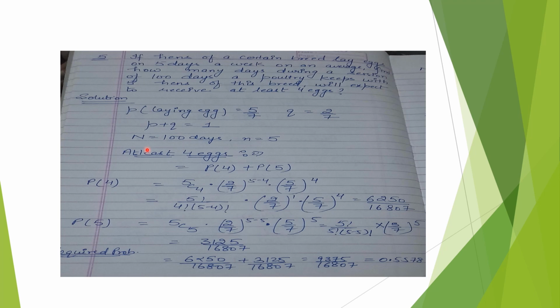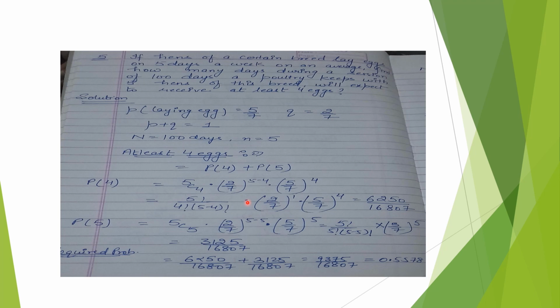minus x into p to the power x, and substituting the values in that formula. 5C4, 5 is n, which is the total number of hens. C stands for combination, and this 4, because we are calculating the probability of 4 eggs, into q to the power n minus x, and the value of q is 2 by 7.